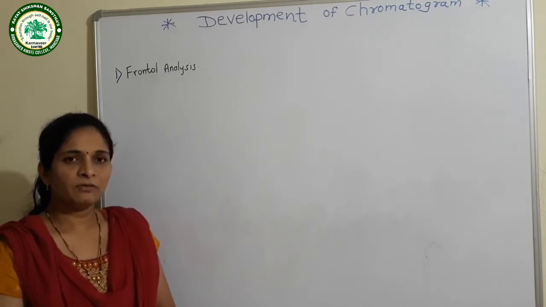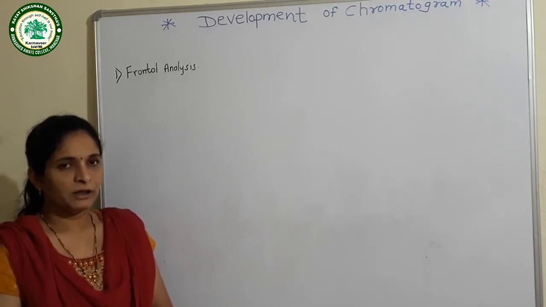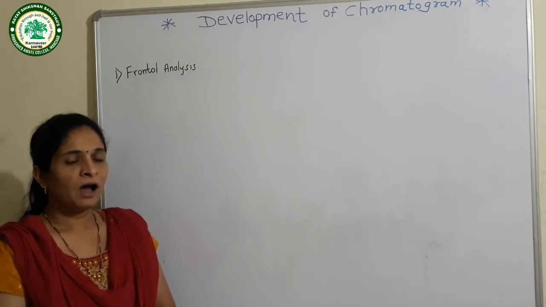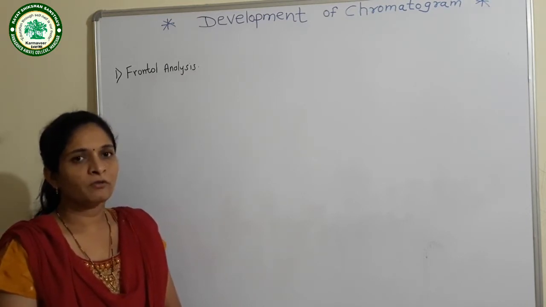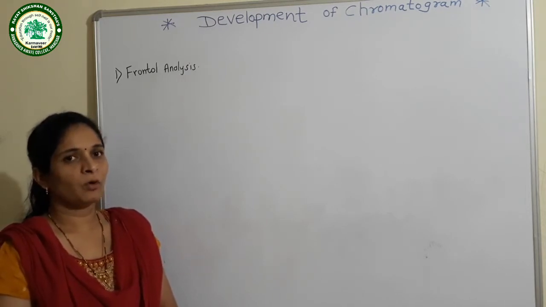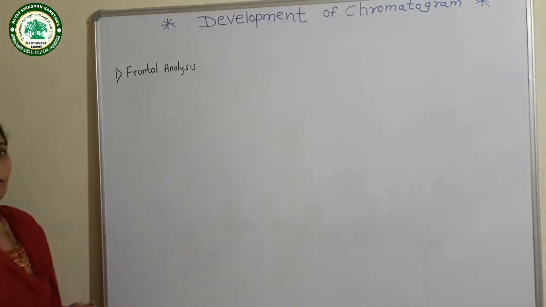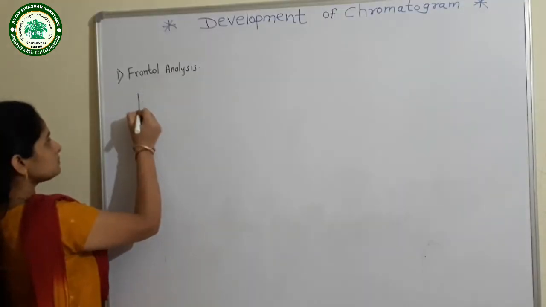All these types of analysis depend upon column chromatography. In yesterday's lecture, we have seen how the separation takes place in column chromatography, how different components are separated. Now see the frontal analysis. Firstly, we will take a column.